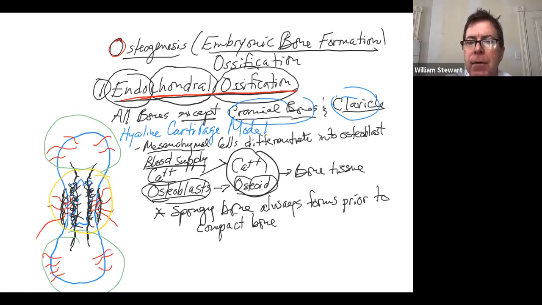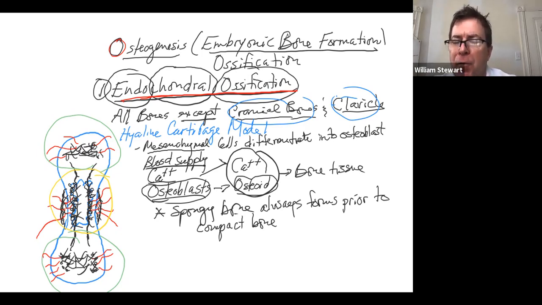We have mesenchymal cells differentiating into osteoblasts. They secrete osteoid. Calcium is released from the blood, and like magic, we get new bone forming. First spongy bone, here and here.